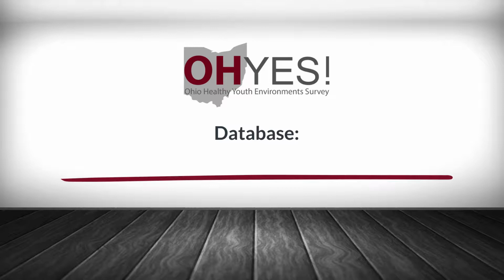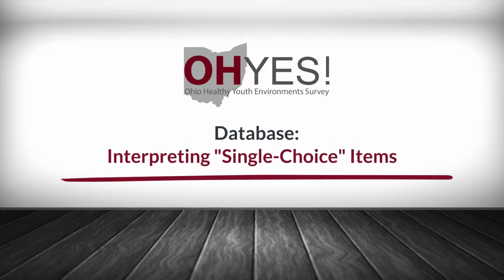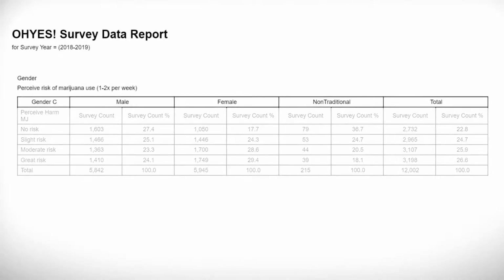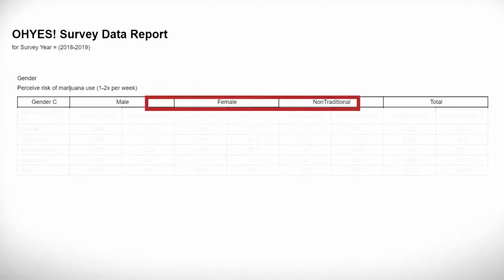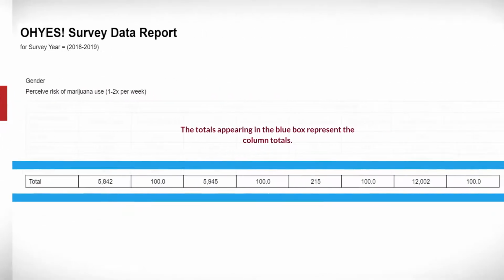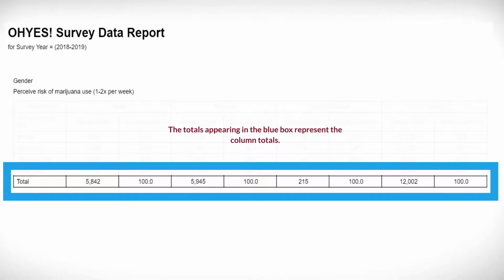Database. Interpreting single-choice items. Data warehouse single-choice tables are similar to the report single-choice tables. The column header at the top of the table, appearing in the red box here, indicates what is being reported for each column. The totals appearing in the blue box represent the column totals.